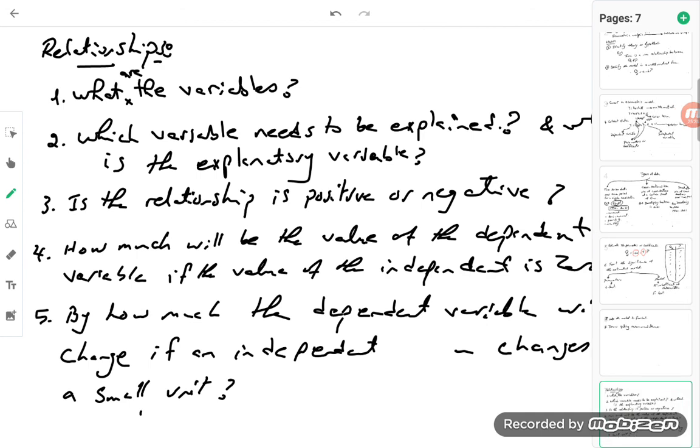So let's take an example. Question number 1. What are the variables?